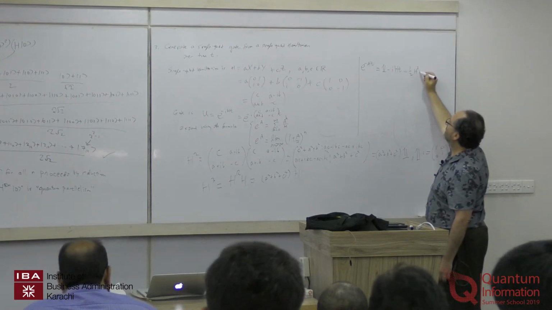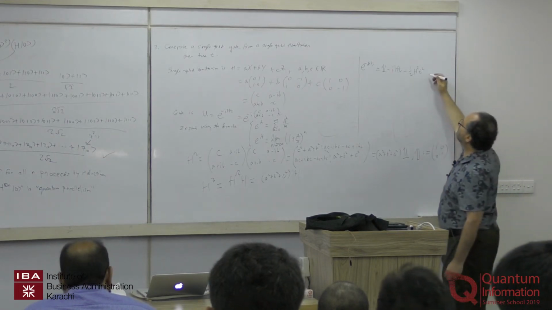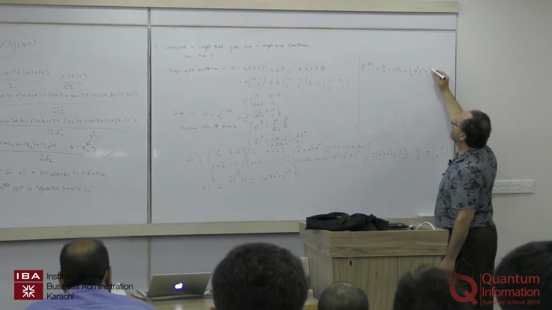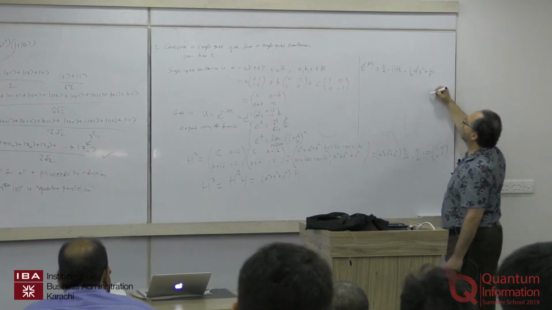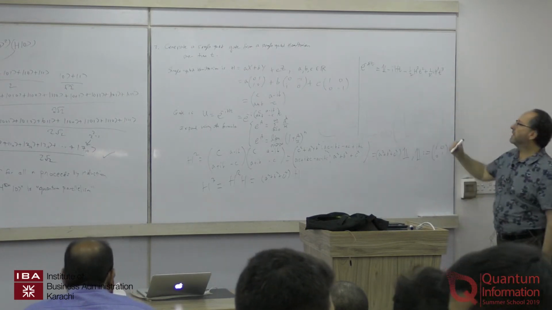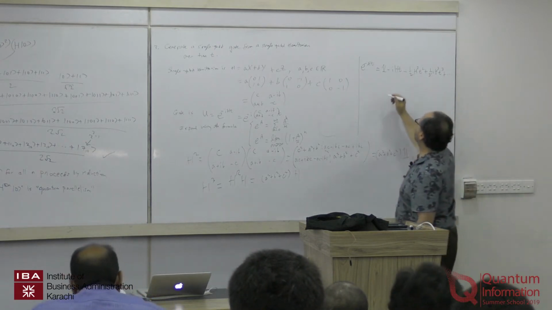I'll write t squared, I'll just write that for the moment. Okay. Next term? And divided by 3, t cubed, h cubed. Okay. And then so on. So we'll just go to there and check it.